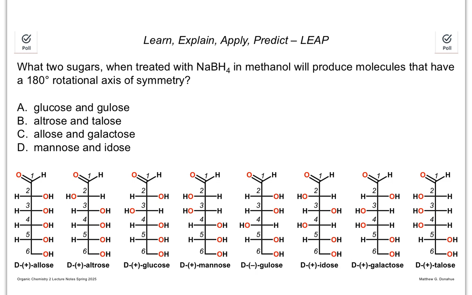It's saying that within the molecule, if you put an axis 90 degrees to the carbon backbone and rotate it a half turn, everything maps onto itself. So D, mannose and idose. So let's reduce mannose.